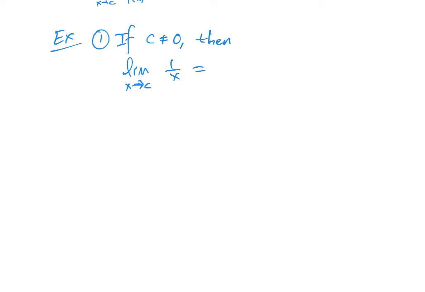If C isn't 0 and we're taking the limit of 1 over x as x goes to C, well, we're thinking about our function f of x being x, and our set A would be something like 0 to infinity, or minus infinity to 0, depending on where c is.